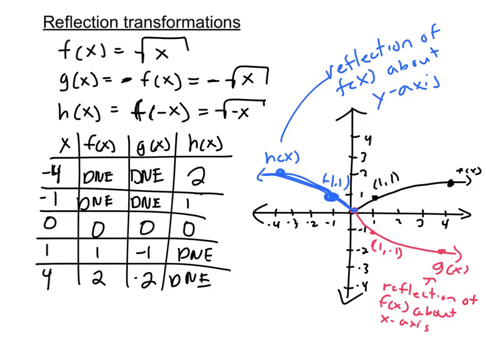So to reflect about the y-axis, you change the sign of the x-coordinate. To reflect about the x-axis, you change the sign of the y-coordinate. So negative f of x is a reflection about the x-axis, and f of negative x is a reflection about the y-axis.